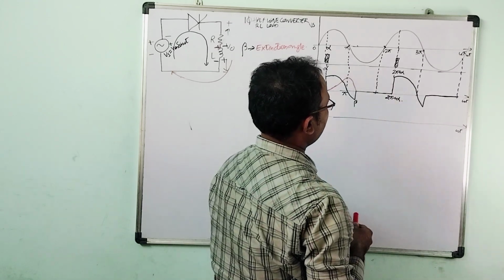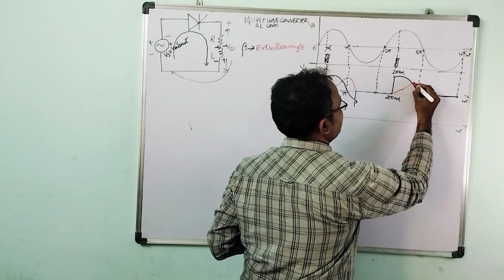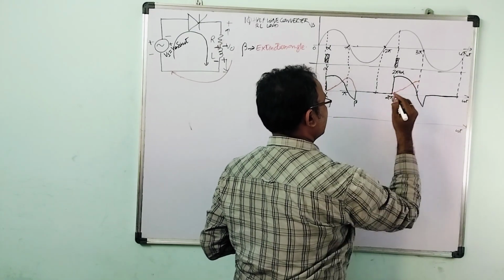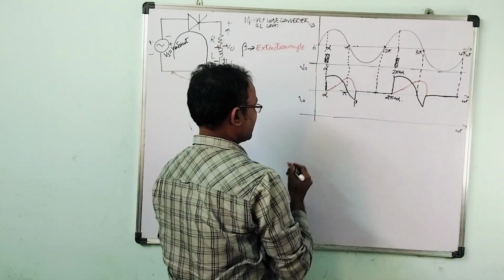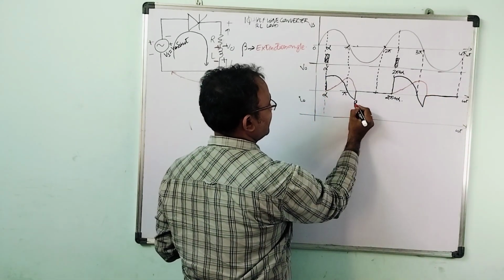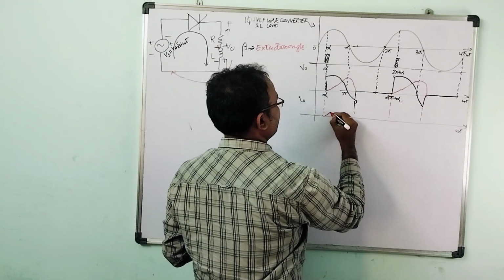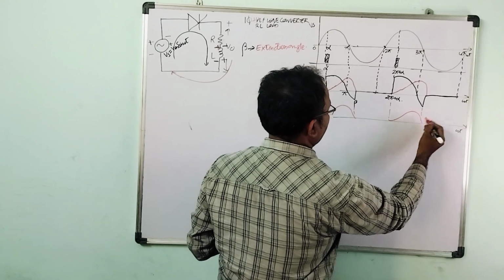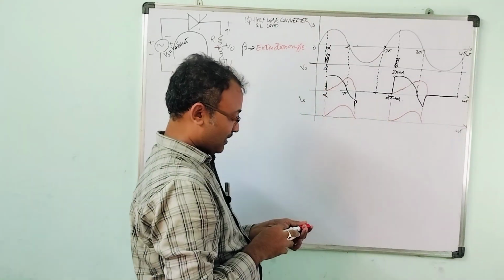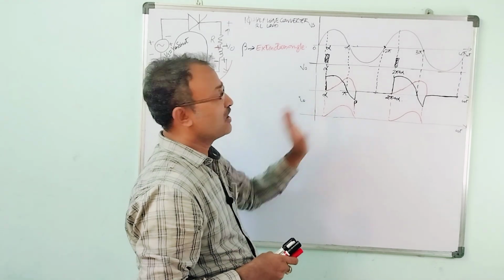And the current would first be increasing, that is, the inductor is charging, and then discharging. So like this you can represent the current waveform here. Separately, the current waveform would be like this. So the output voltage is existing between alpha to beta.